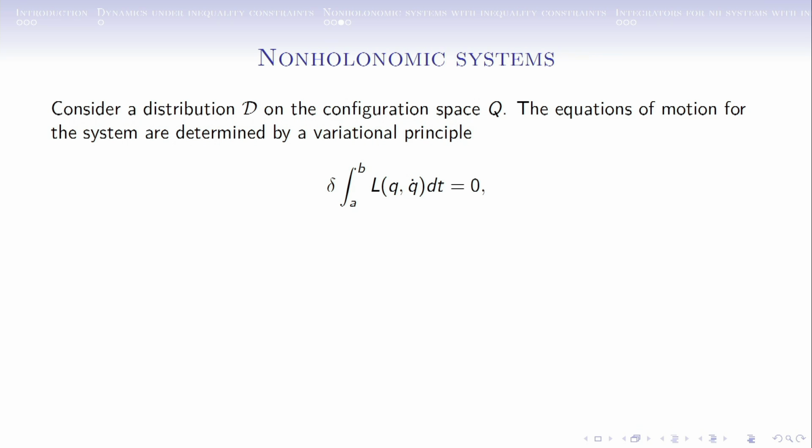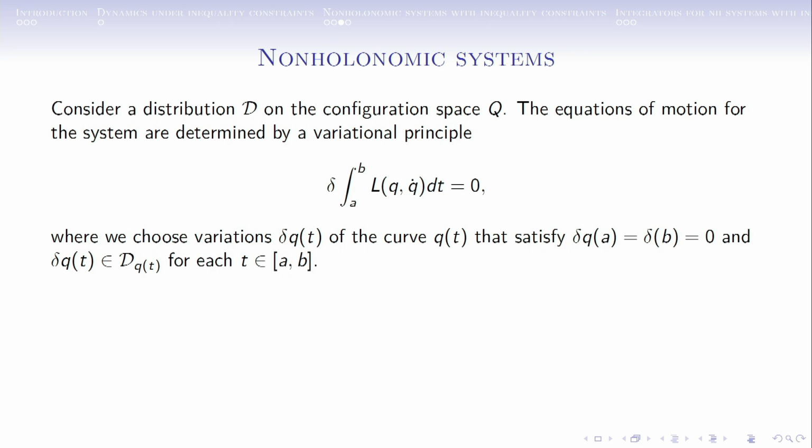And now I just wanted to show you how the equations of non-holonomic systems with linear constraints are deduced from the Lagrange-D'Alembert principle. These equations are obtained from an action functional, the same one as in unconstrained mechanics, just the integral of the Lagrangian over the motions.